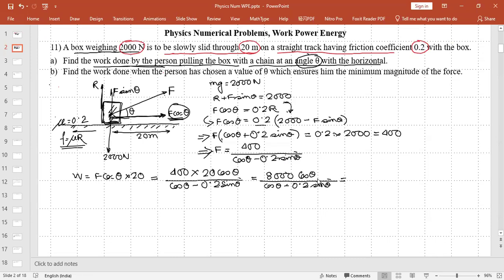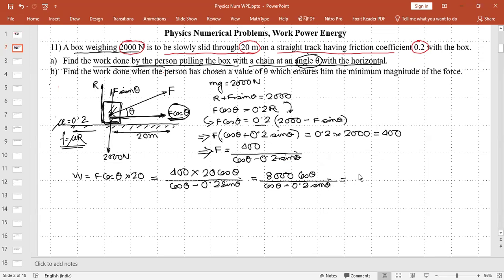Now, in this equation, I have cos and sin, two different types of trigonometric parameters. If I divide both numerator and denominator either by cos or by sin, then I will have only one parameter. Let us say I divide it by cos theta.